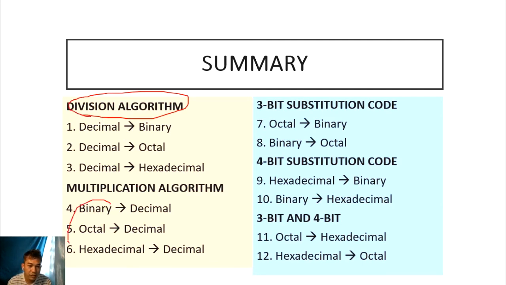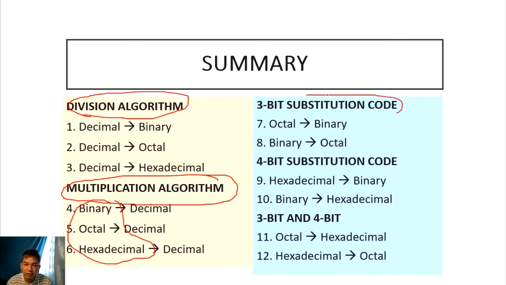If converting from any number system, binary, octal, or hexadecimal, to decimal, you will use the multiplication algorithm. If converting octal to binary or vice versa, you use the 3-bit substitution code. Hexadecimal to binary or vice versa, you use the 4-bit substitution code.